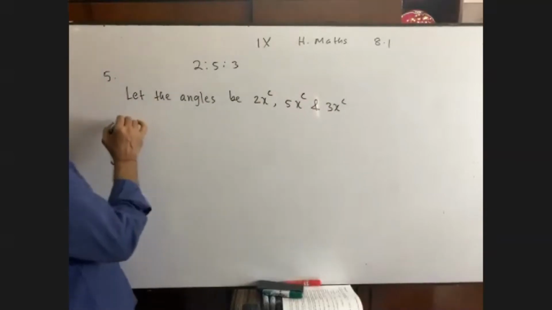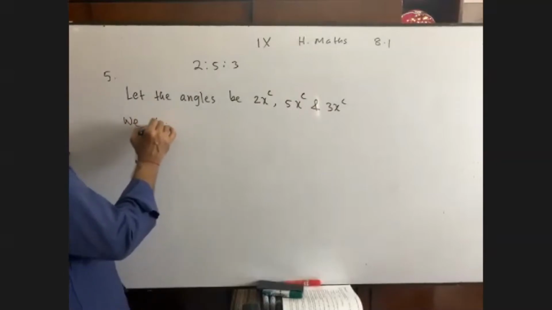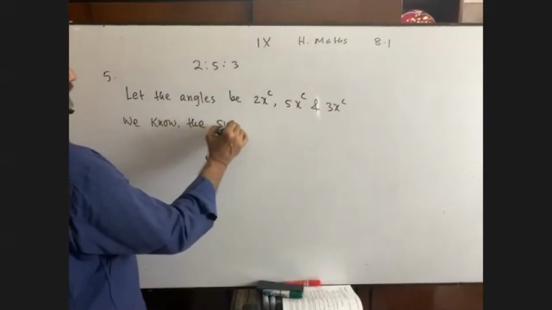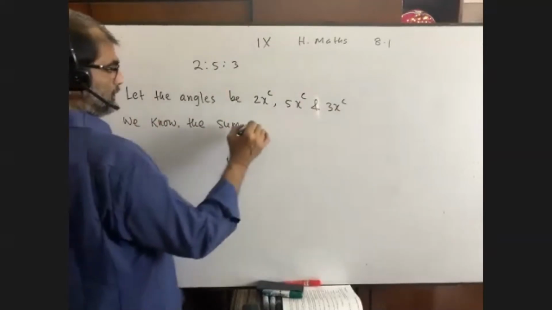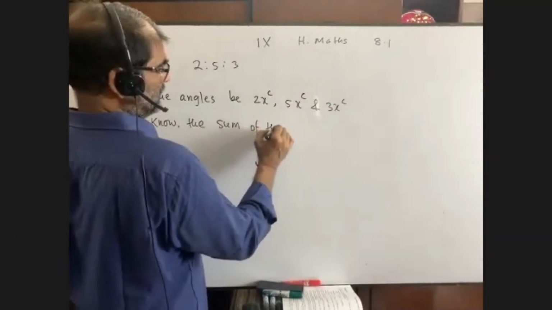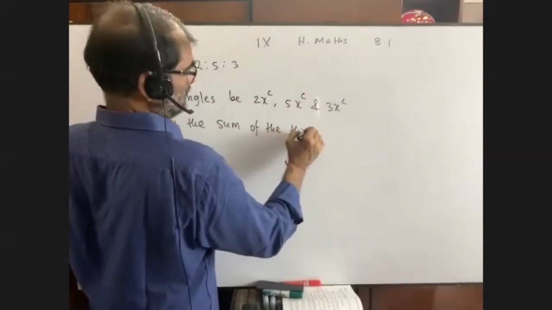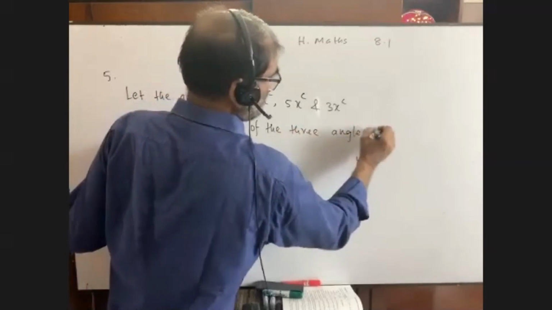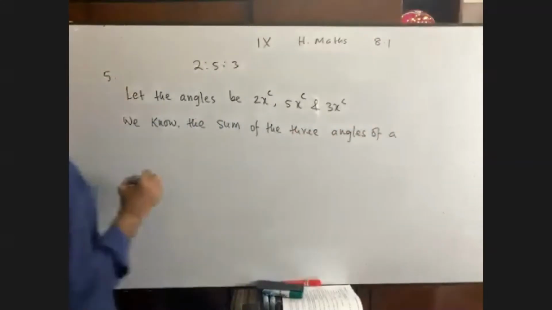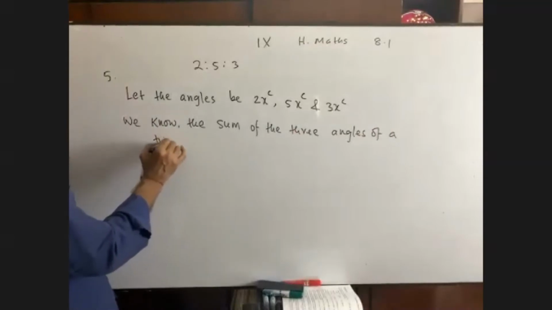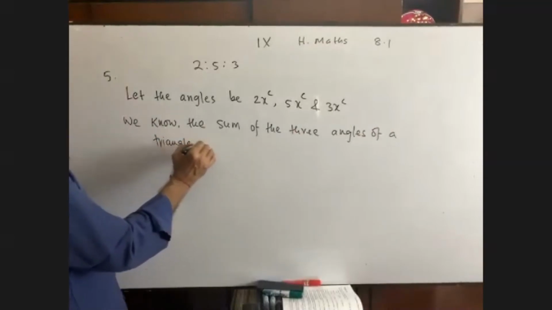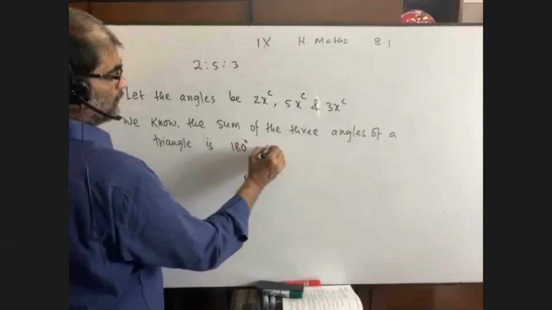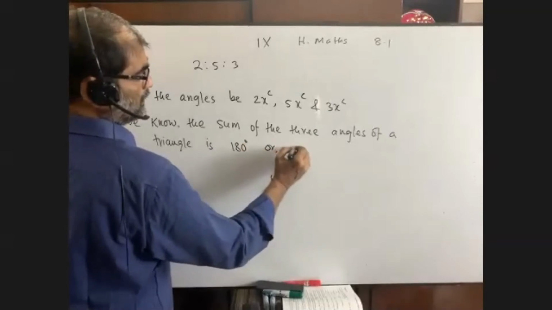We know the sum of the three angles of a triangle is 180 degree, what I told you, or pi radian.